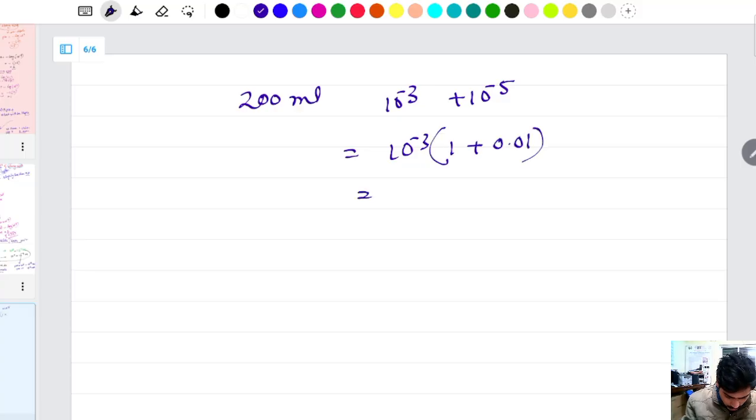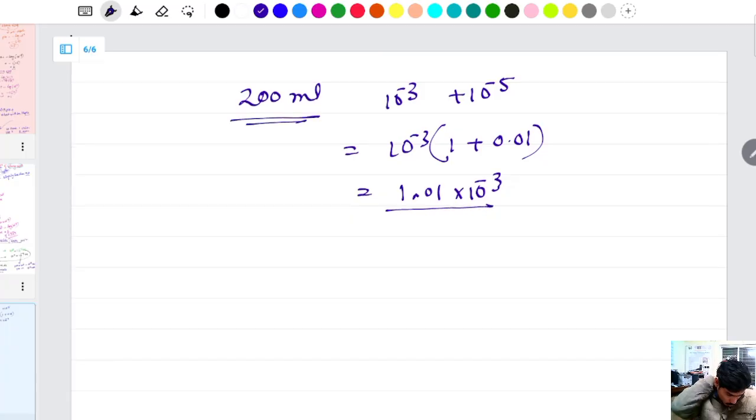It will be 1.01 into 10 to the power minus 3 in 200 ml.